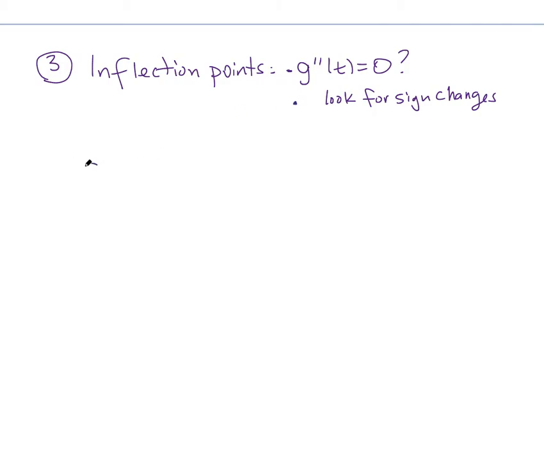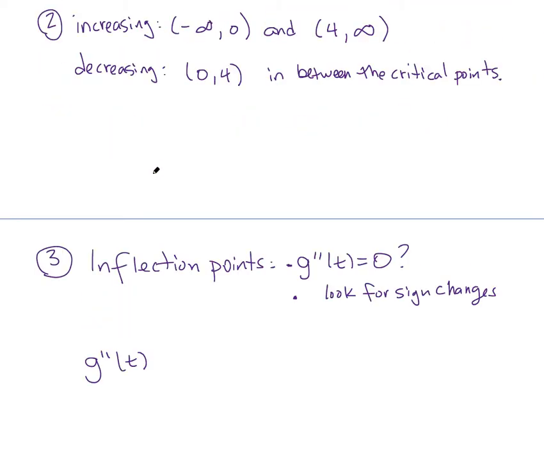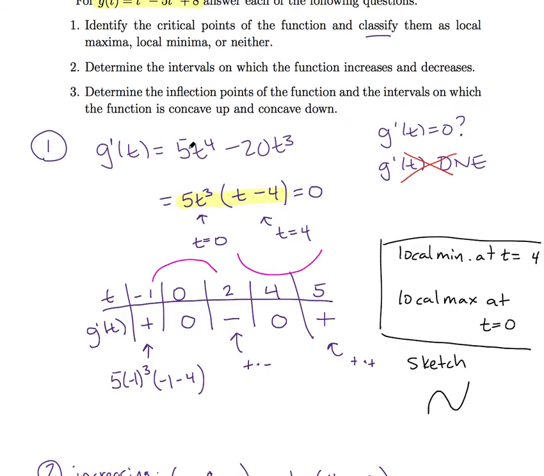Okay, so for our second derivative, let's look back at our first derivative. So I'm going to scroll up. We will just use the power rule on both of these terms. So we'll have 20t cubed from the first term minus 60t squared from the second term.